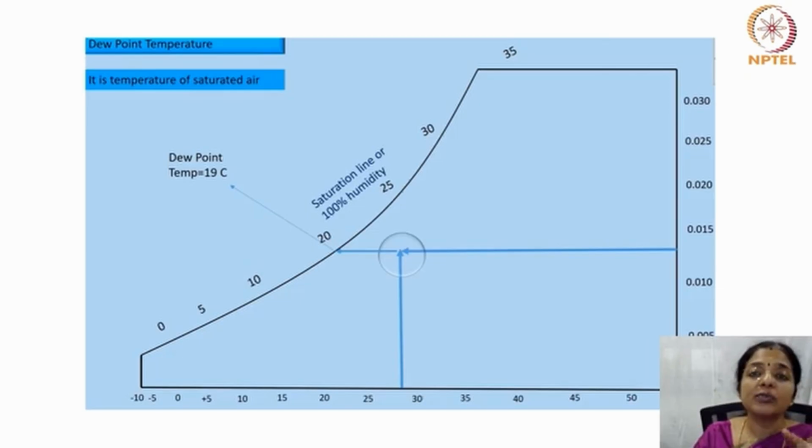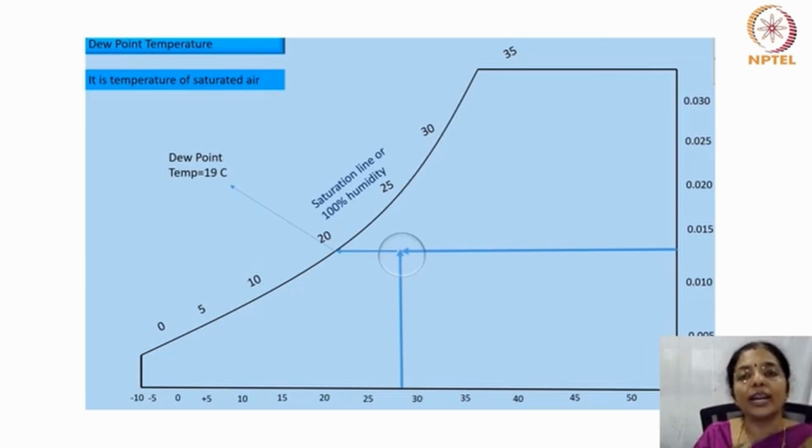Saturation line is where the humidity is 100%. So, the wet bulb temperature line and saturated line is used to measure the dew point. The dew point temperature lines are not to be plotted on the psychrometric chart.